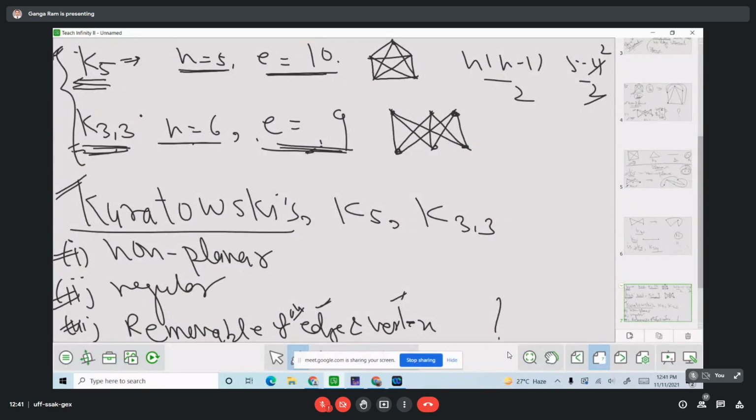And K5 has 5 vertices, the smallest number of vertices for a non-planar graph. And K33 has the smallest number of edges, because in K5 there are 10 edges but in K33 it is 9 edges, so it is the smallest number of edges which is non-planar. Graphs with fewer edges and vertices than these will always be planar. Clear?